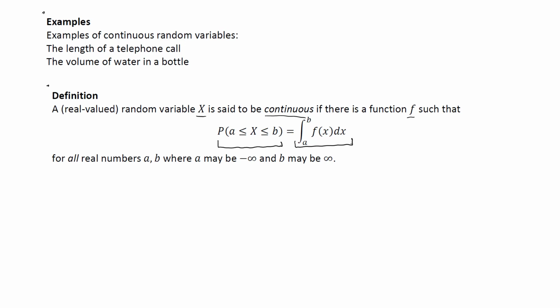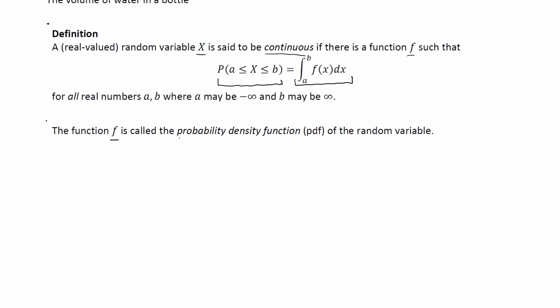If there exists such a function f, such that all probabilities can be found by integrating this function, then we say that X is a continuous random variable. The function f is called the probability density function, abbreviated to PDF, for the random variable X.